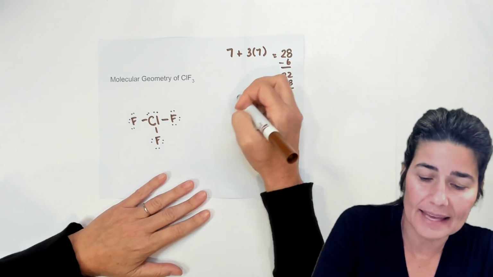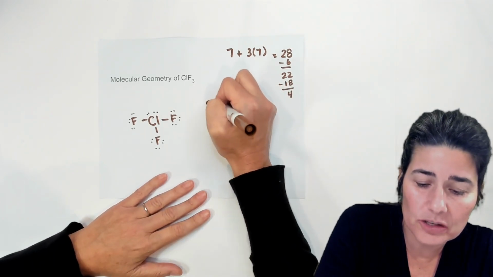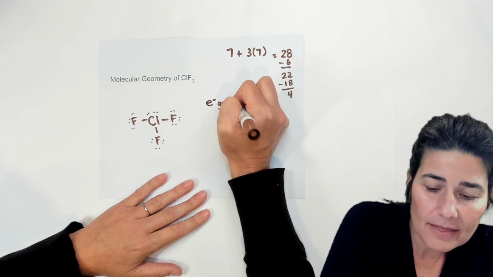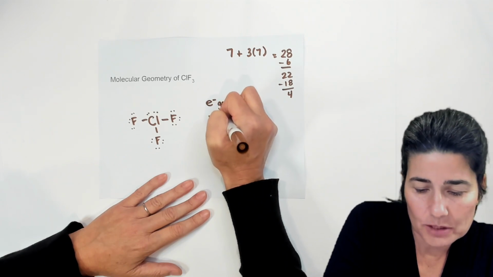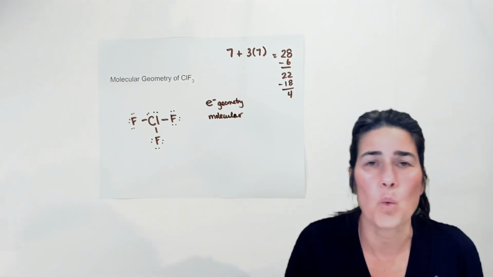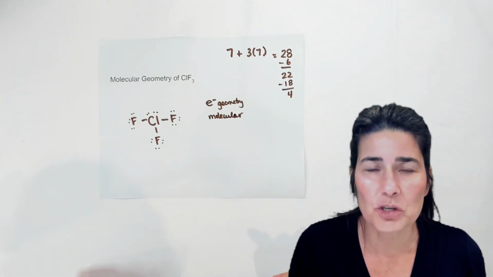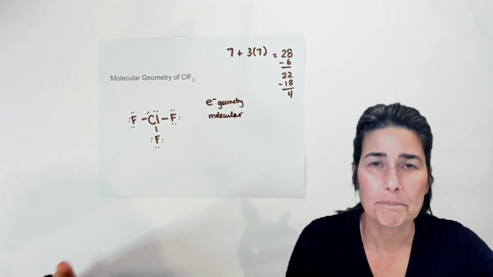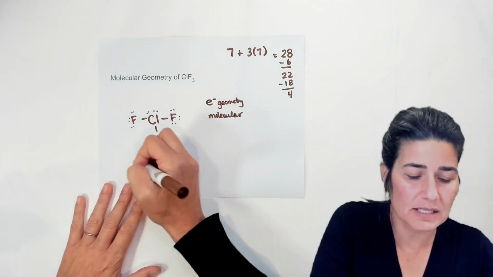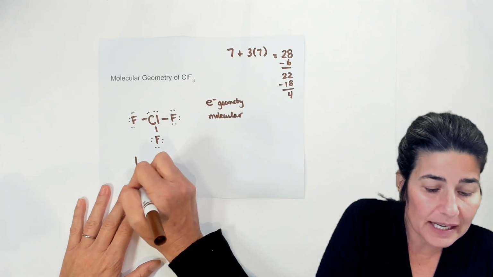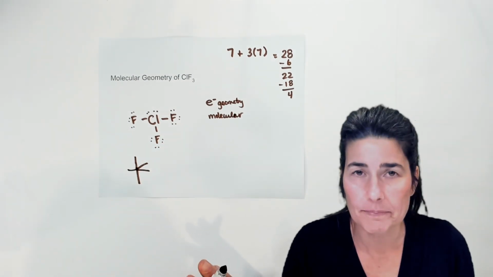Now, we're going to go ahead and establish what the electron geometry is and what the molecular geometry is. So the electron domain geometry is, hey, where does everything go? Count your domains. We have 1, 2, 3, 4, 5 domains. 5 domains will arrange themselves as follows. 1 up, 1 down, 3 in a ring around the middle.